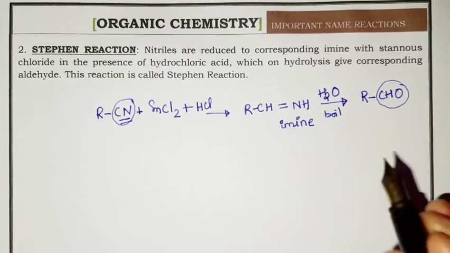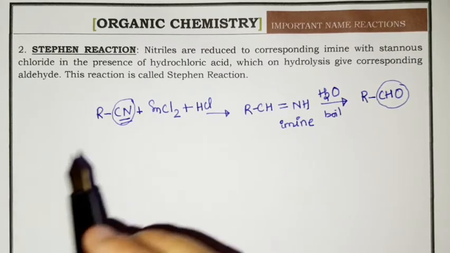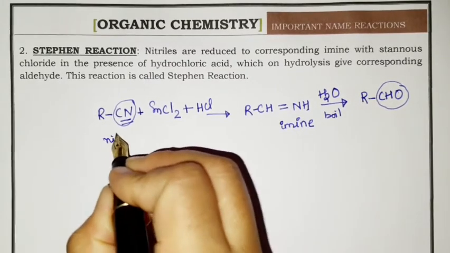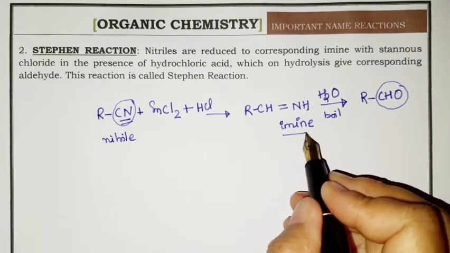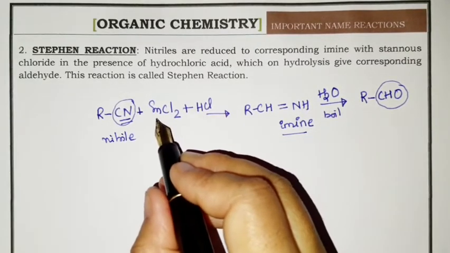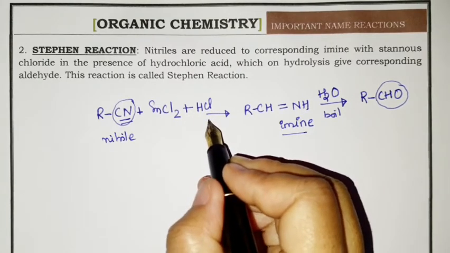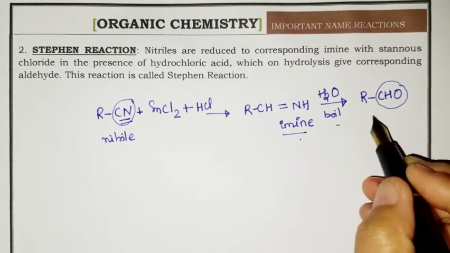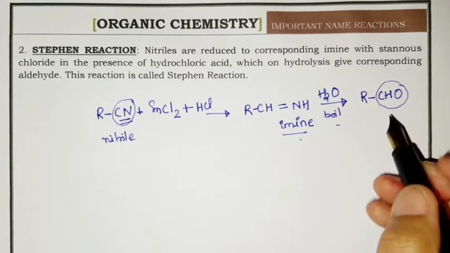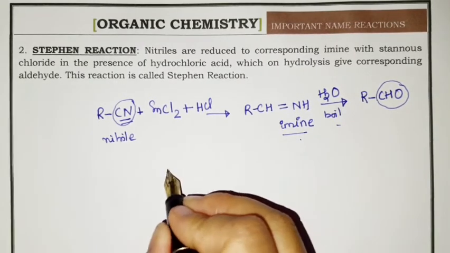So again, what happens here? First your nitrile will get converted to the corresponding imine. How? When it reacts with SnCl2 and HCl, then this imine upon hydrolysis gives the corresponding aldehyde. So as a whole, how can we write this reaction?